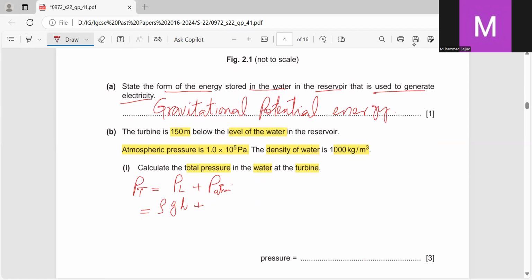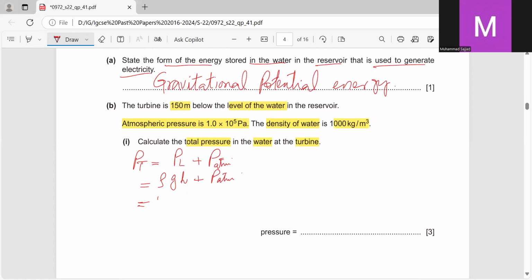And atmospheric pressure is given, so no need to write any formula for it, just P atm. Now let's place the values. Density is 1000. Value of g, I'm going to use 9.8, times height, that is 150, plus atmospheric pressure, that is 1.0 times 10 raised to power 5, and the unit all together will be pascals. Okay. So now let's solve it out.